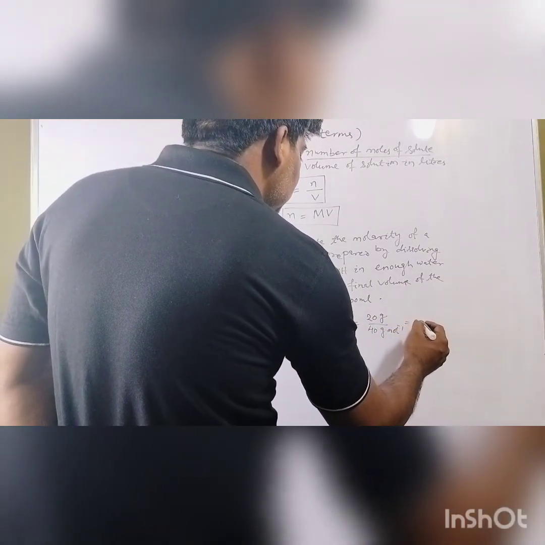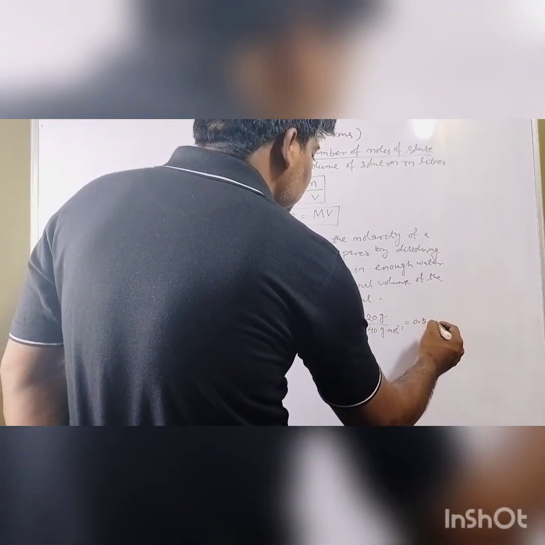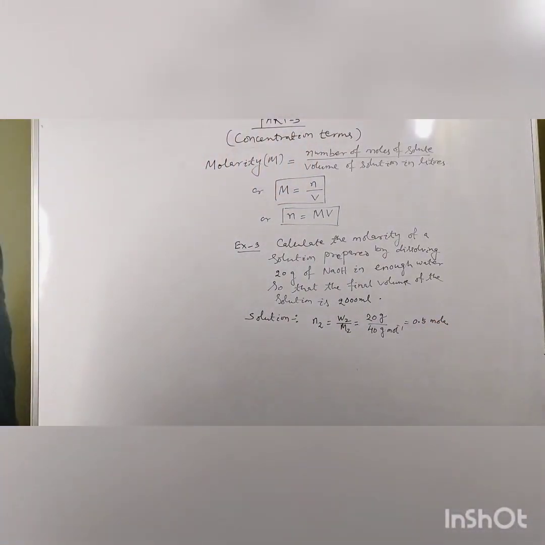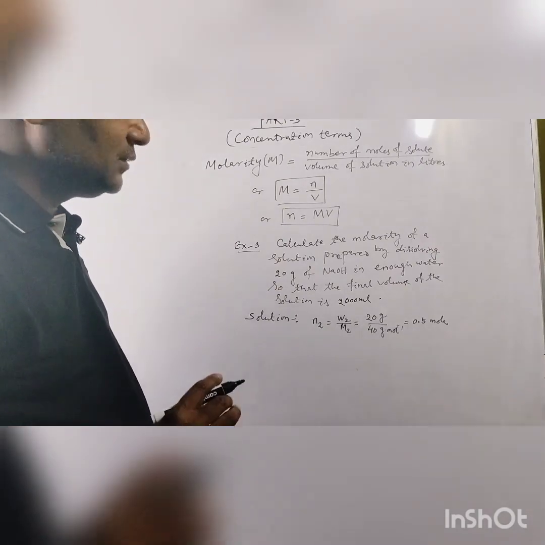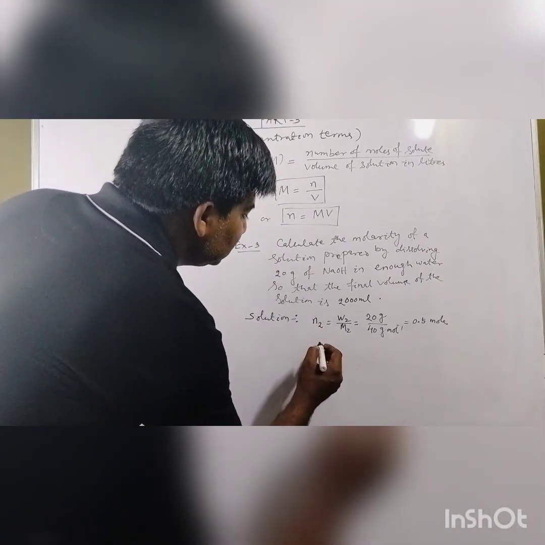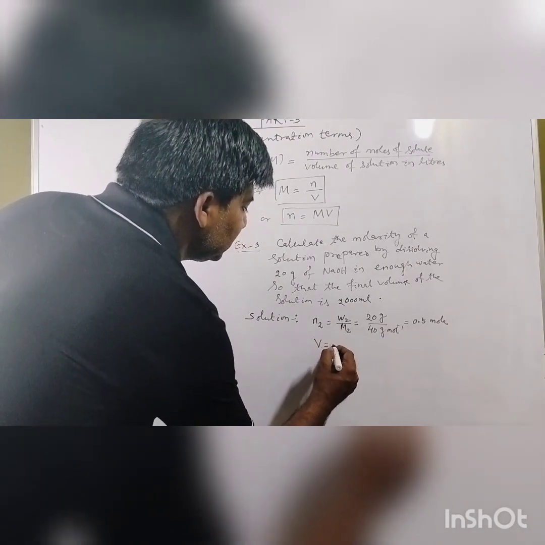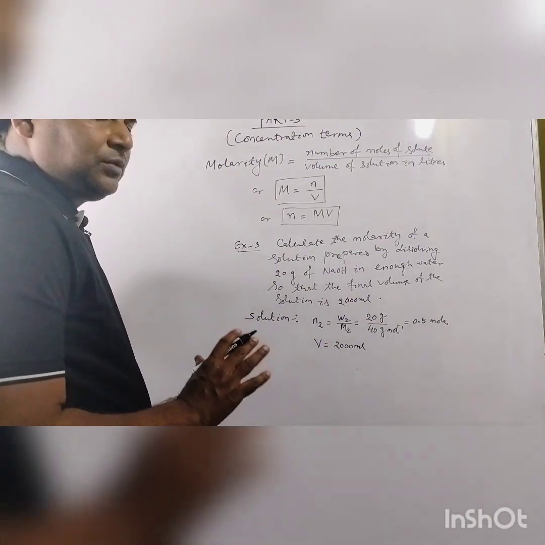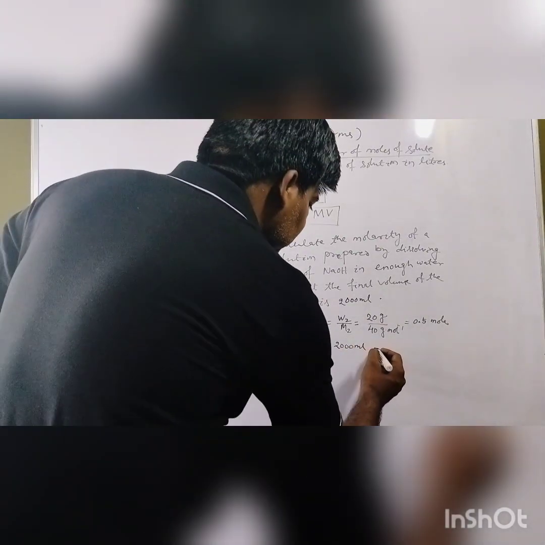That gives 0.5 mole. Okay. So here number of moles of solute is 0.5 mole and volume of the solution is 2000 milliliter. So we have to convert this volume into liter.